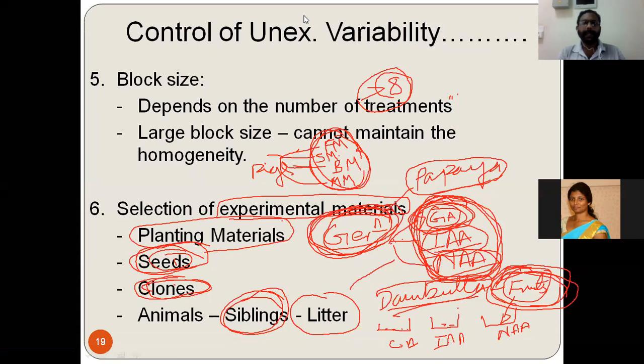Before we apply any treatment, we expect them to have less variation, or no variation in other terms. So siblings are the ideal, and siblings from one single litter would be better.